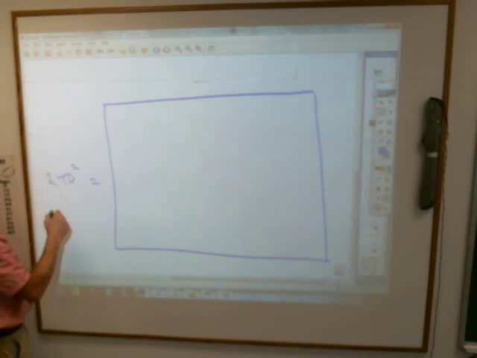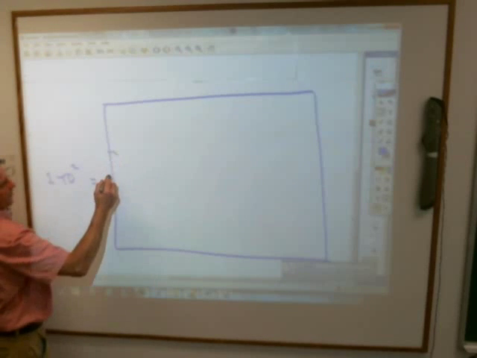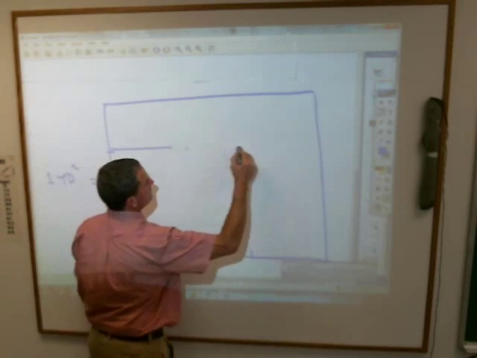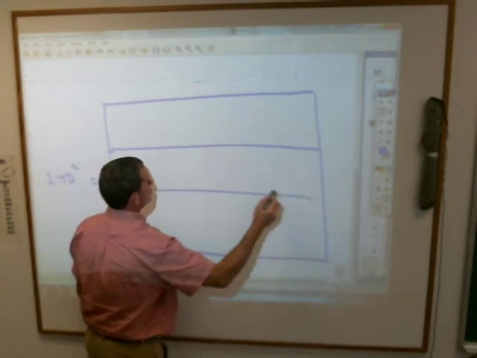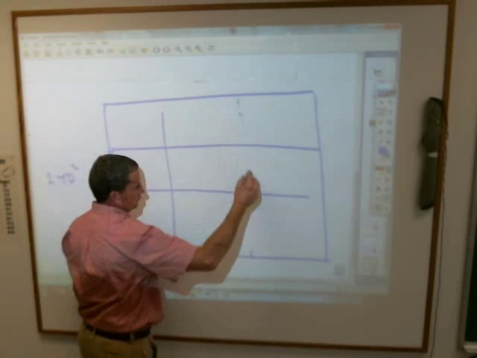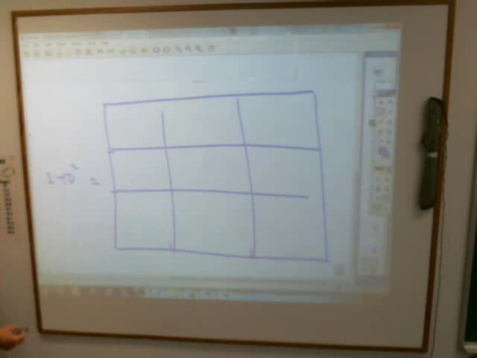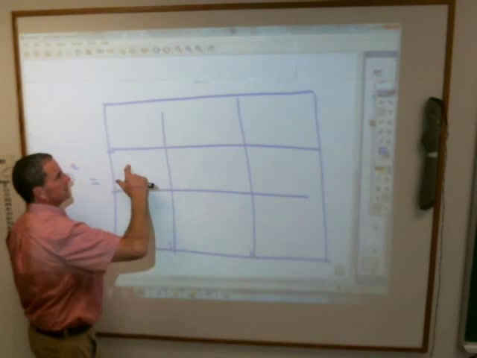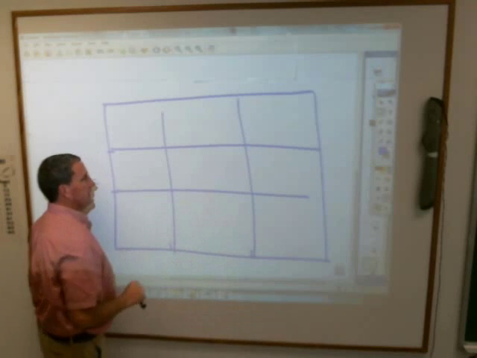A square yard is 3 feet by 3 feet. How many square feet does it take to make a square yard? 1, 2, 3, 4, 5, 6, 7, 8, 9.